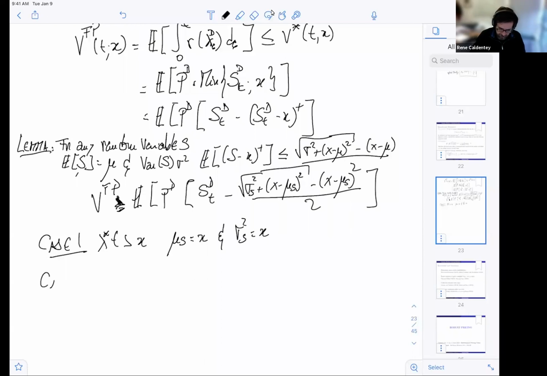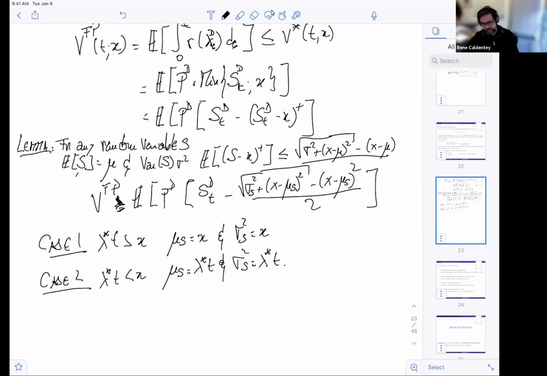And in case number 2, this is when lambda star T is less than X, so you have enough inventory. So in this case, the mean of your sales process, mu S, is going to be just lambda star S, and the variance of a Poisson is equal to the mean, so it's also lambda star S. Okay?